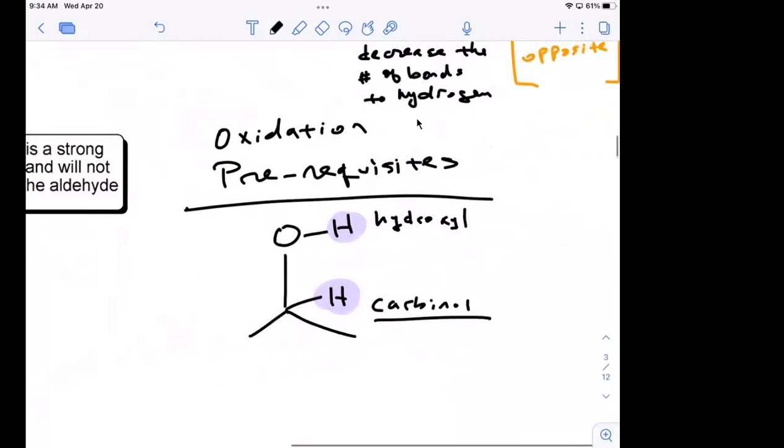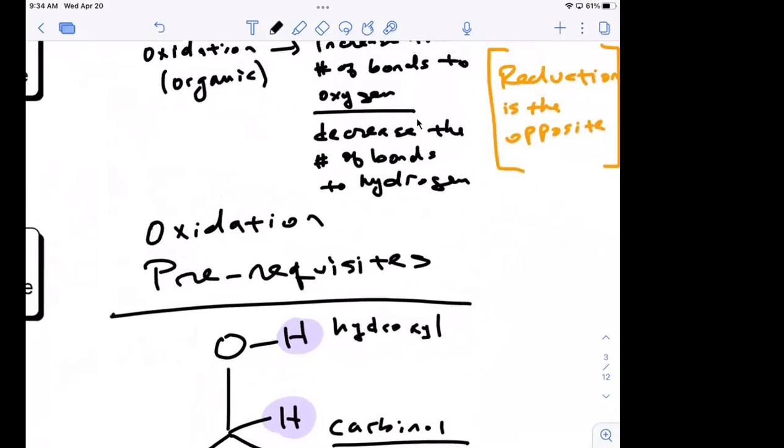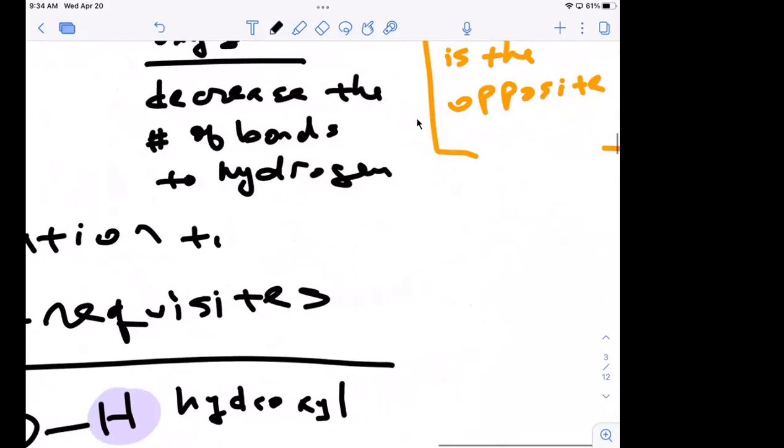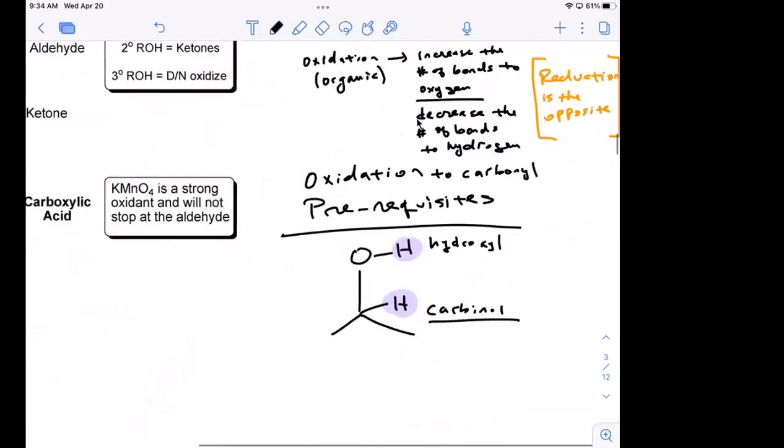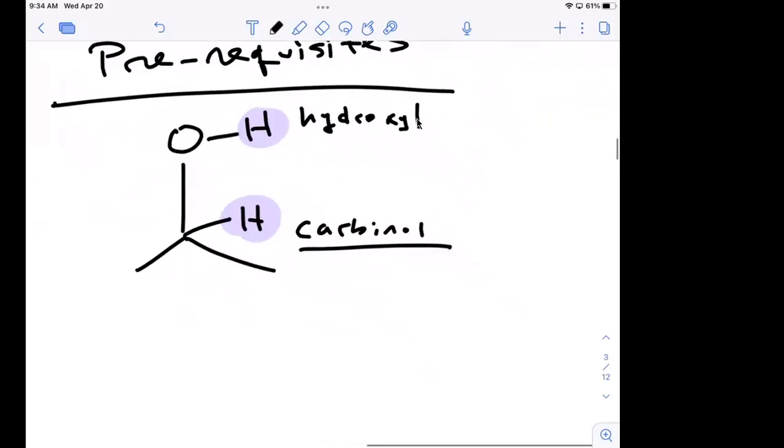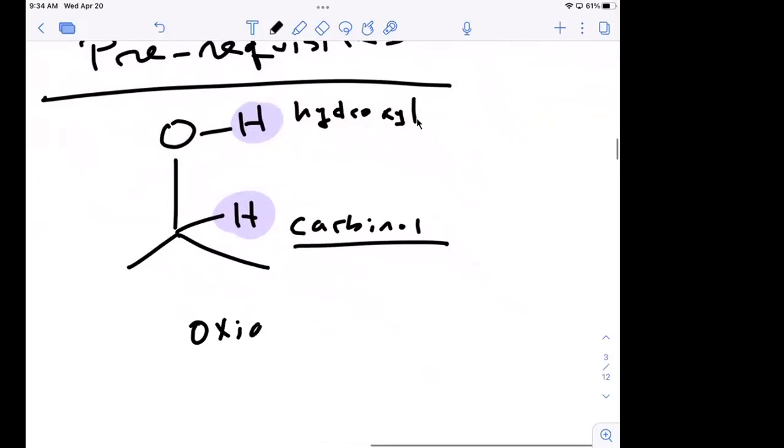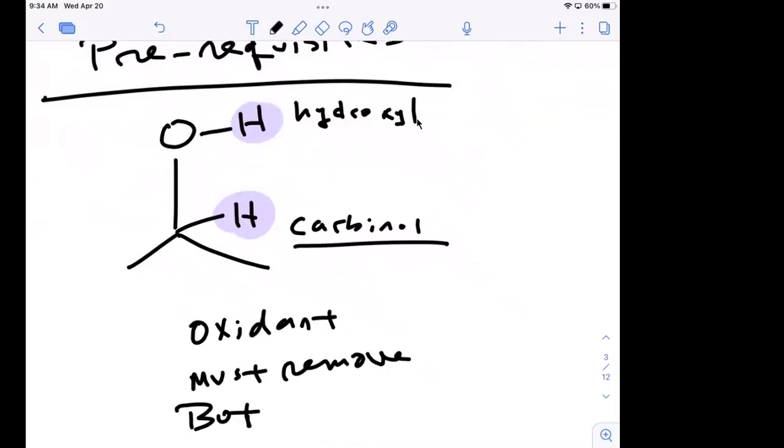If you're trying to oxidize this alcohol up to a carbonyl, you need those two hydrogens there. Whatever you use for your oxidation, it's got to be able to remove both of those protons, so your oxidant removes both hydrogens.